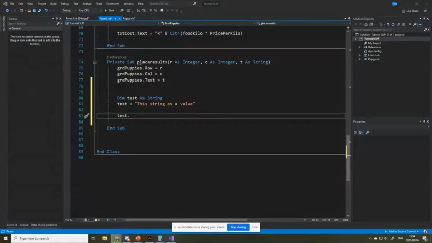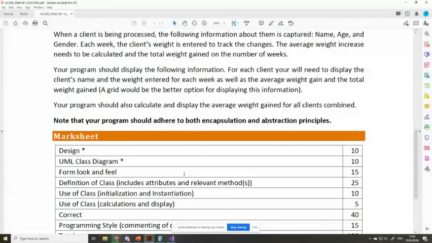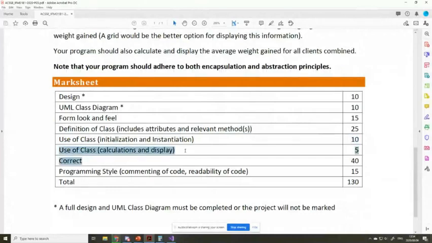Any other questions? Use class calculations and display. That is the calculations that you might need in the class.